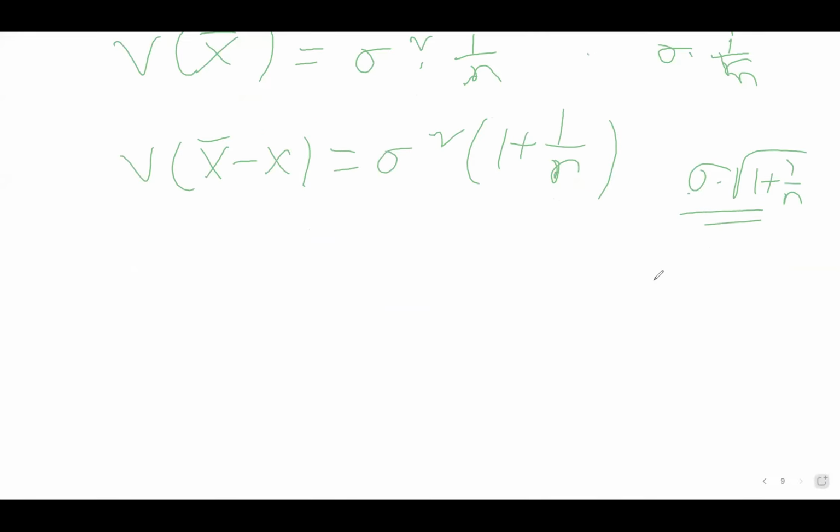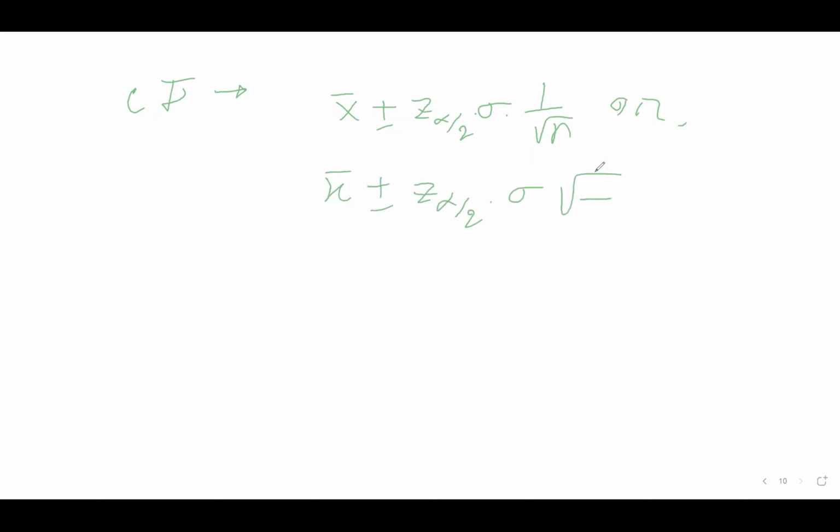The confidence interval is x bar plus minus, and the prediction interval is x bar plus minus.